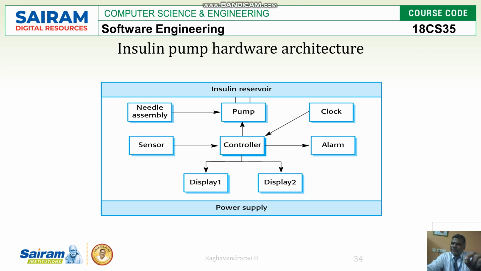Then the alarm has to ring and alert messages will be given. Time is controlled by the controller, and that is the important thing. Time is very, very important. The clock is controlled here and displayed. Based on the control information, the pump sucks the insulin and injects it to the patient. So this is the overall assembly of that architecture with the insulin pump.